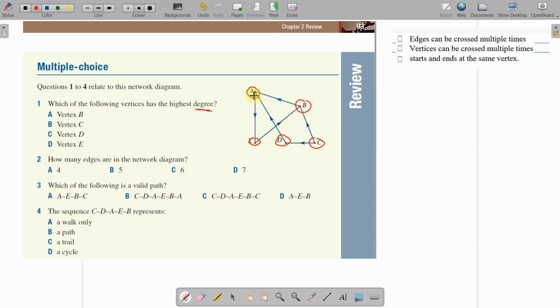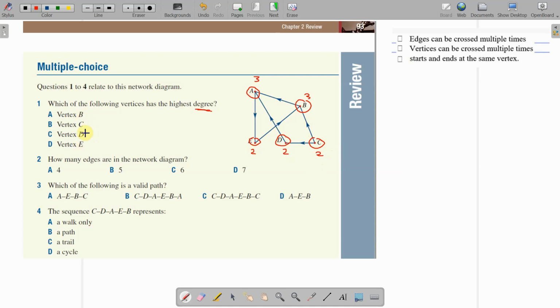So the degree of A, 1 going away and 2 going towards, is 3. The degree of B has 1 going away and 2 going towards, so that's also 3. C has both edges going away from, so that's a degree of 2. D has a degree of 2, and so does E.